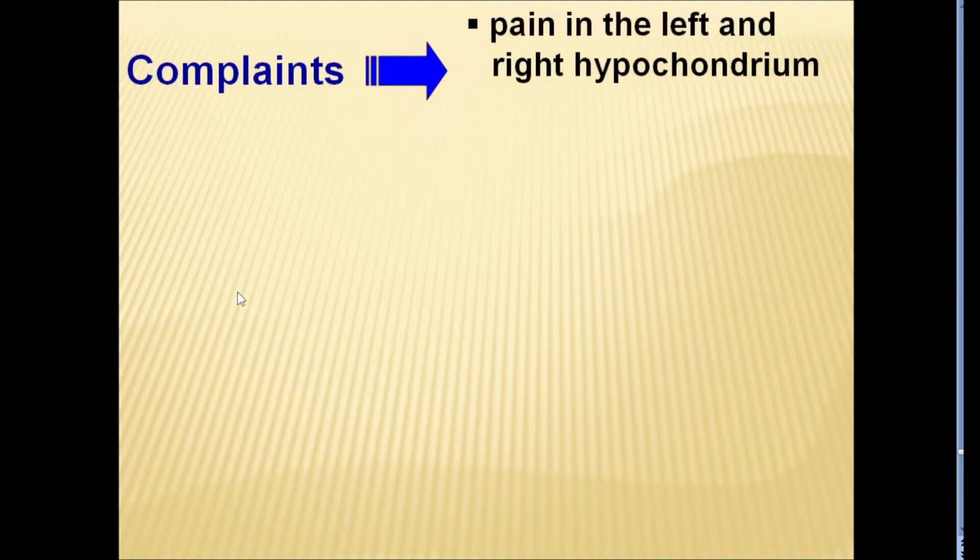Let's stop on clinical manifestation. Patient complains of pain in both left and right hypochondrium. It depends on the primary diagnosis. Patient with liver diseases, first of all, hepatomegaly, then splenomegaly. If blood diseases, first of all splenomegaly, then hepatomegaly.